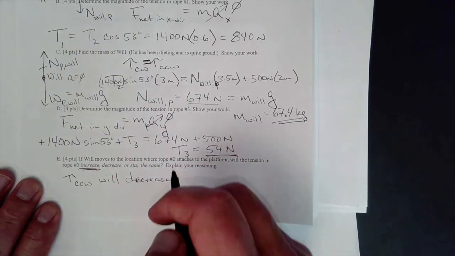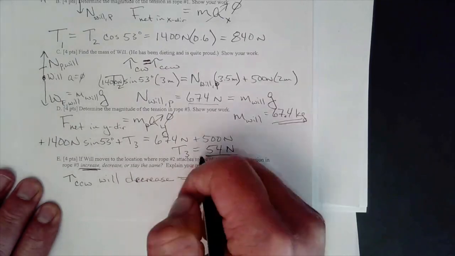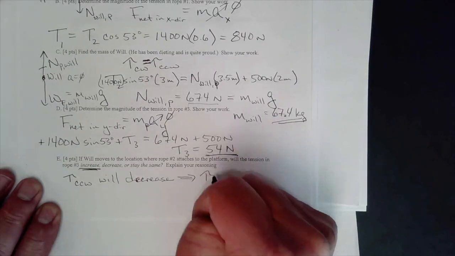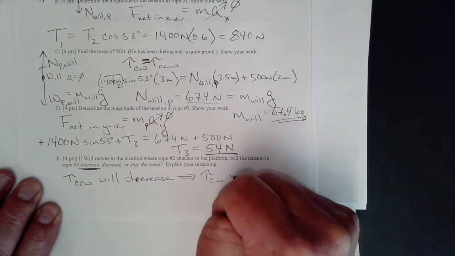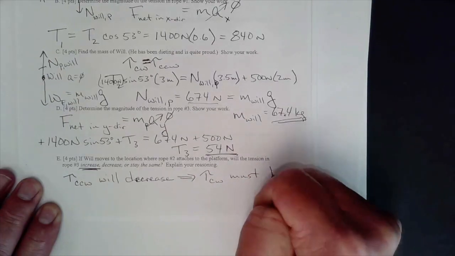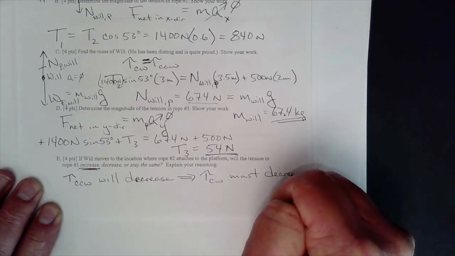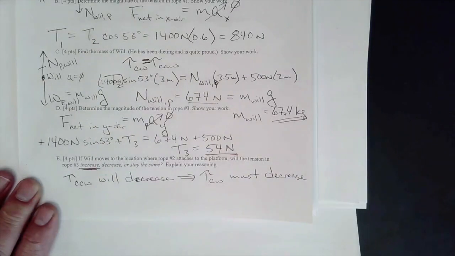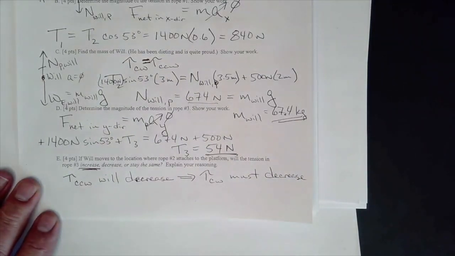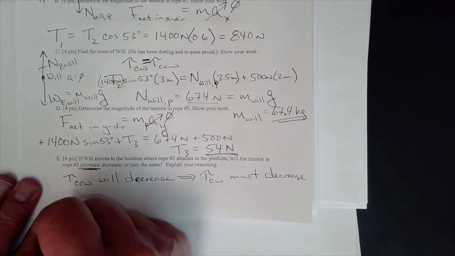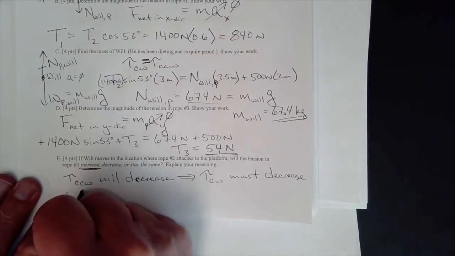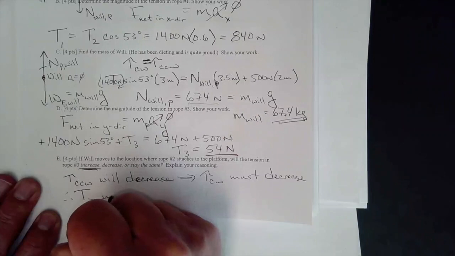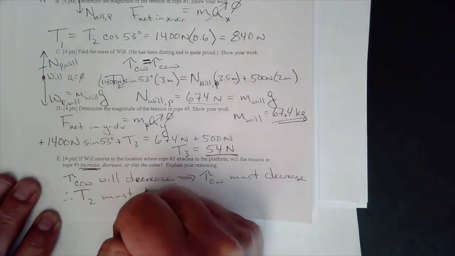Well, if things are going to balance, that means that the clockwise torque must decrease. Well, the only thing giving me a clockwise torque is T2. And so that means, therefore, T2 must decrease.